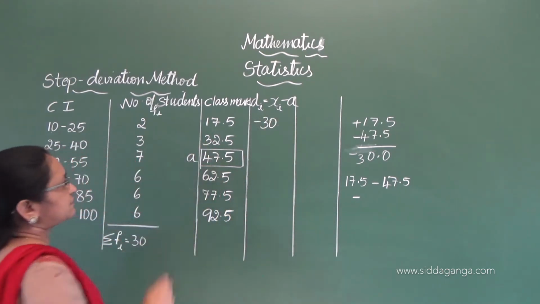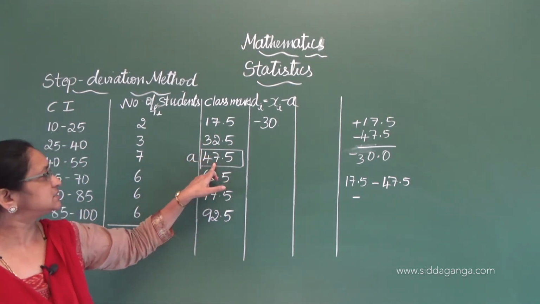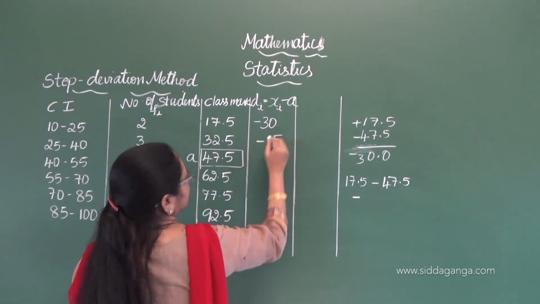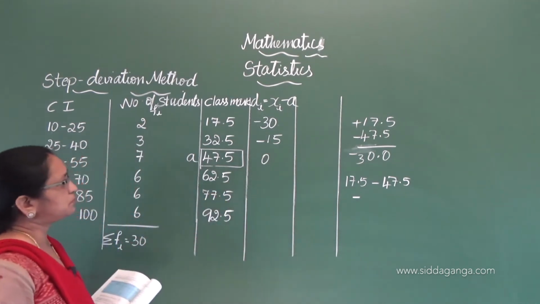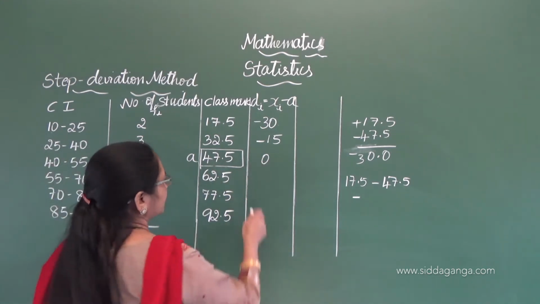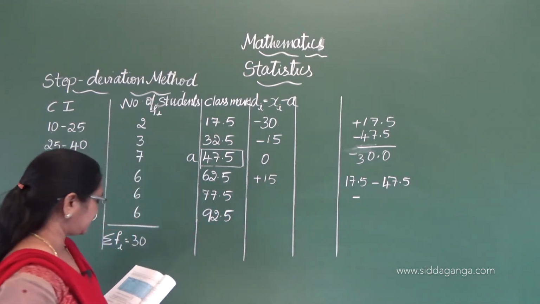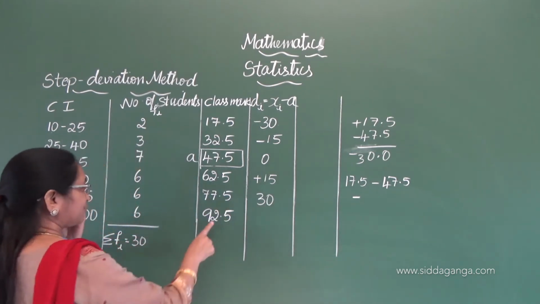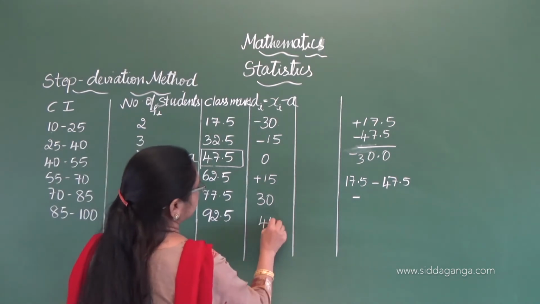Next, 32.5 minus 47.5 is minus 15. And here this is 0. Now at 62.5, from here onwards you will get positive terms: plus 15, then 30, and here 92.5 minus 47.5 is 45.